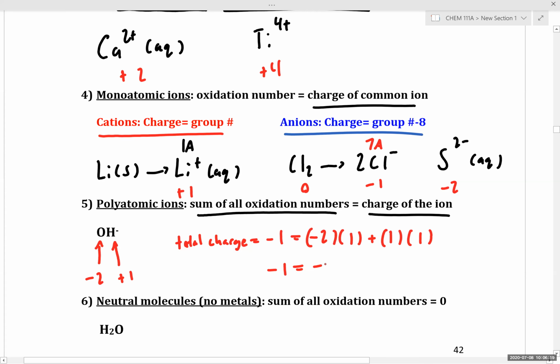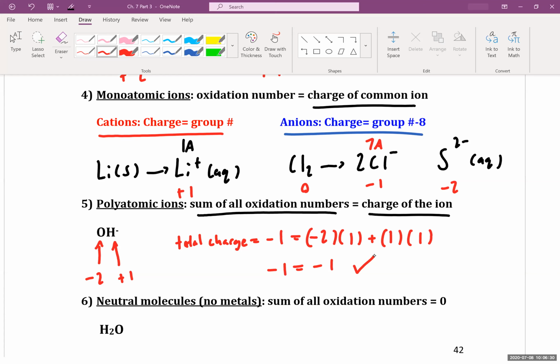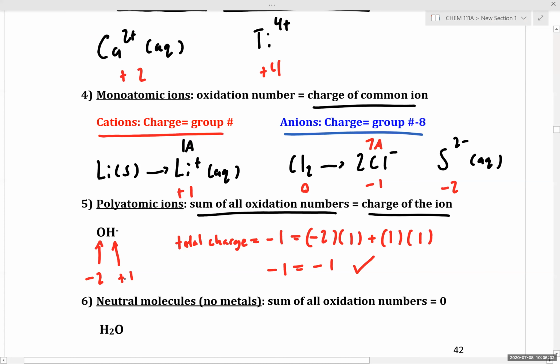And we see that the total charge is equal to the sum of oxidation numbers. Does this make sense so far? Does everyone understand where I got the -2 and +1 assignment from? We're using our oxidation number preferences, which mirror our charge preferences.